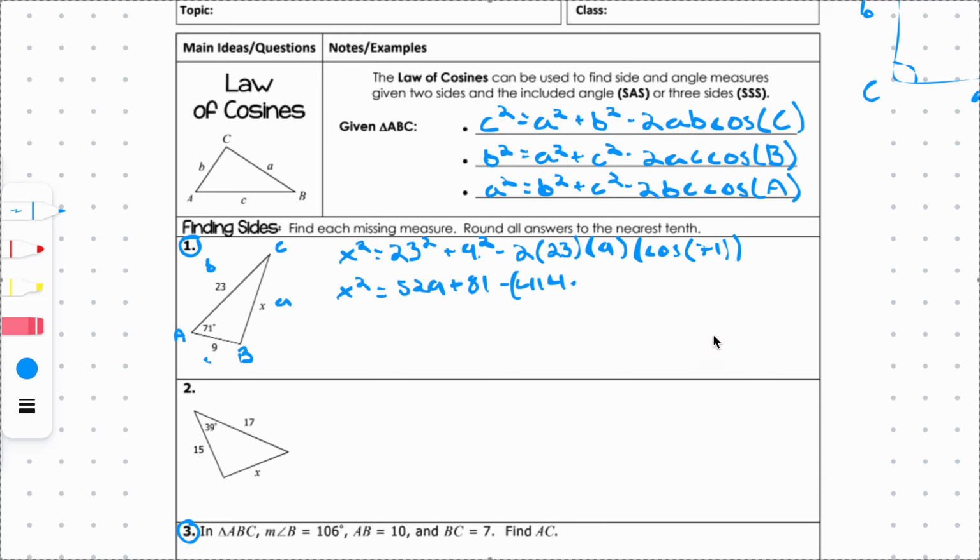Cosine of 71 degrees is 0.326-ish. So I'm going to say 0.326. And now we just keep on evaluating that. So 529 plus 81 brings us to 610. 610 minus then 414 times 0.326, which would give us 134.79.